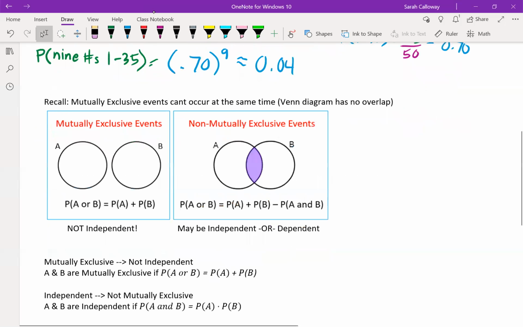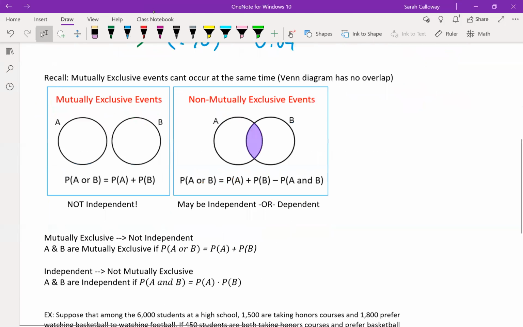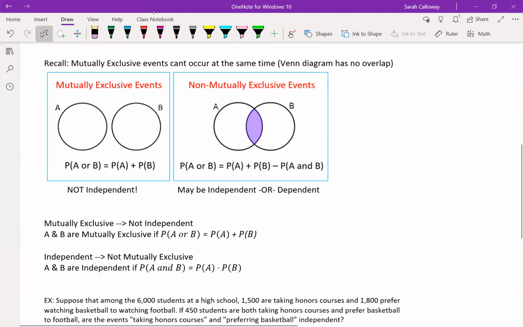The last piece went over mutually exclusive versus independent, because there's sometimes when students get those words confused. So remember, mutually exclusive events are disjoint events. What that means is that they don't have this overlap that non-mutually exclusive events have.